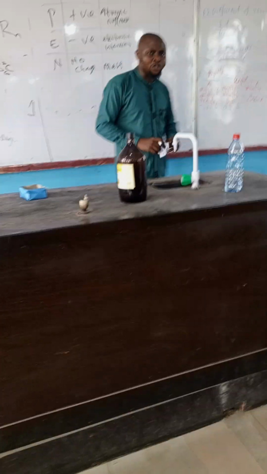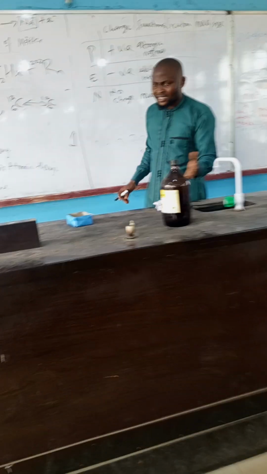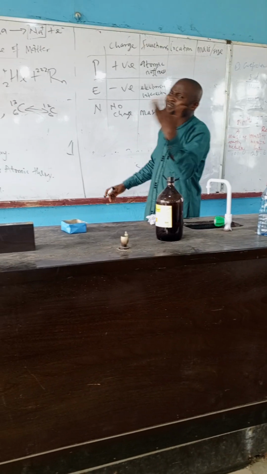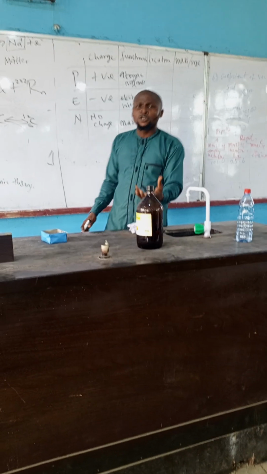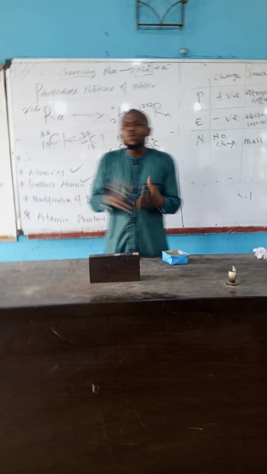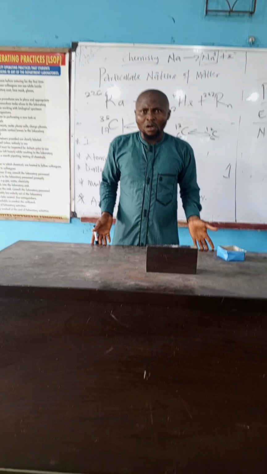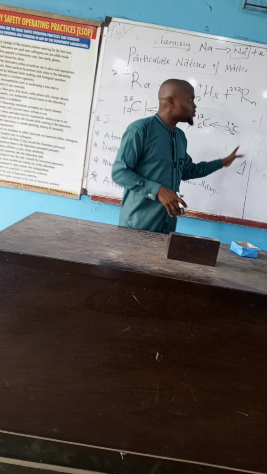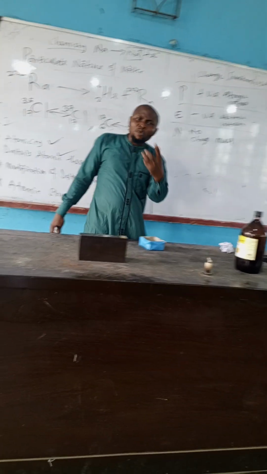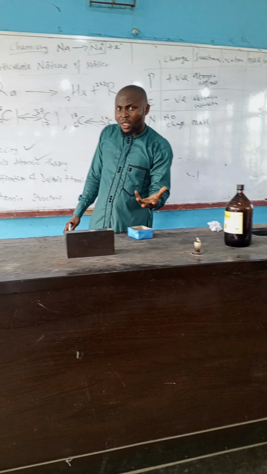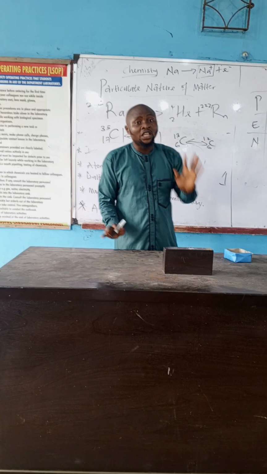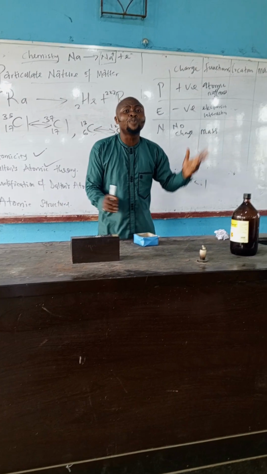Then we have the location. Like I said, there are many propositions, many theories, many explanations that have been put forward to explain the way atoms are. But in this case, to explain the location, the most important one for this level, from those 4 theories, is from Niels Bohr.